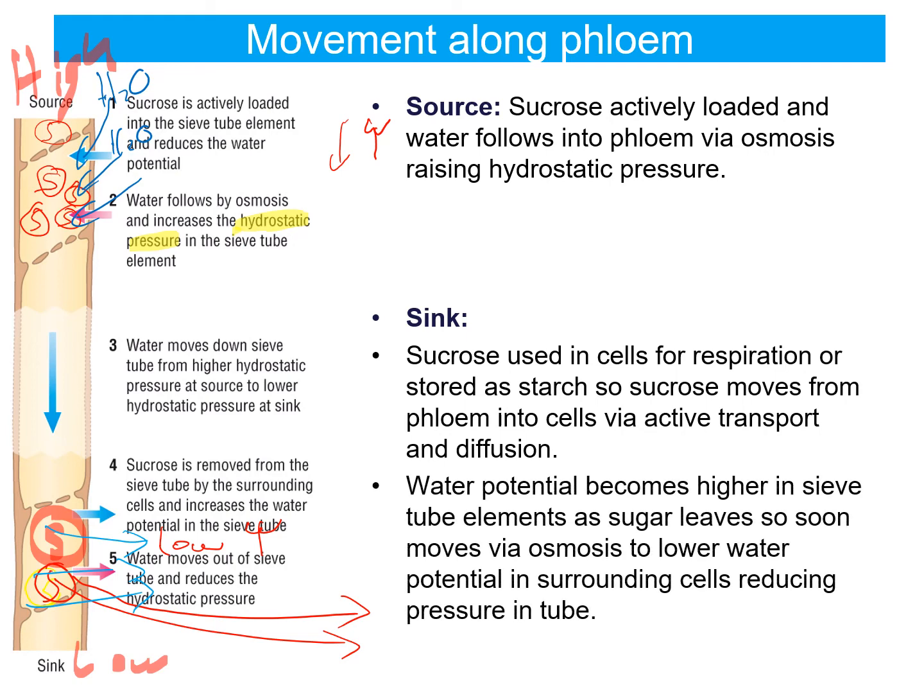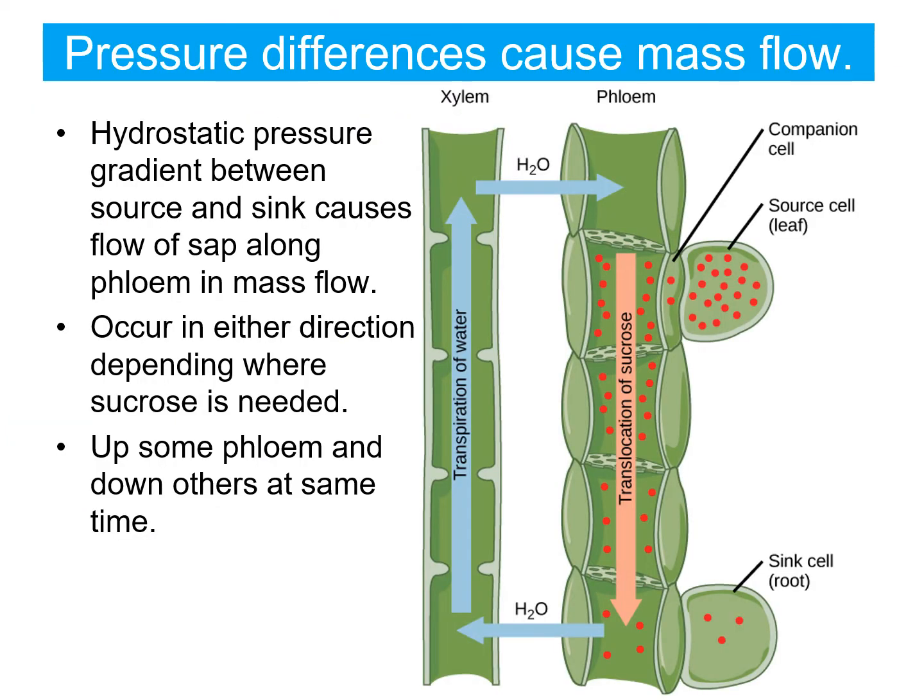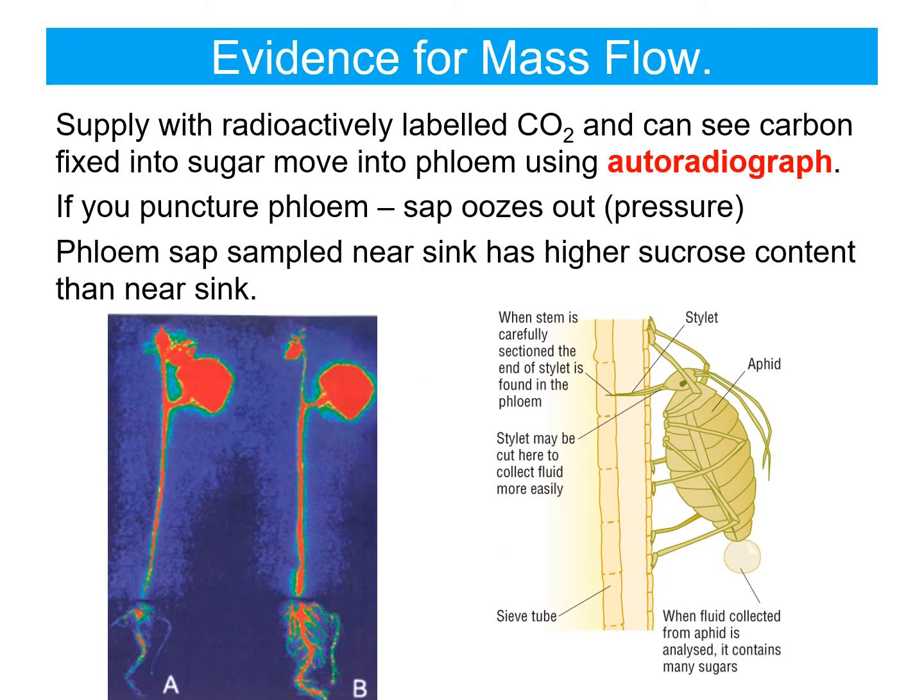And then the water potential becomes higher in the sieve tube elements as the sugar leaves, so the water follows it out via osmosis, lowering the pressure. So this pressure difference is what causes a gradient from high pressure to low pressure, and it's due to the fact that water moves in and out from the xylem due to changes in water potential at the source and the sink.